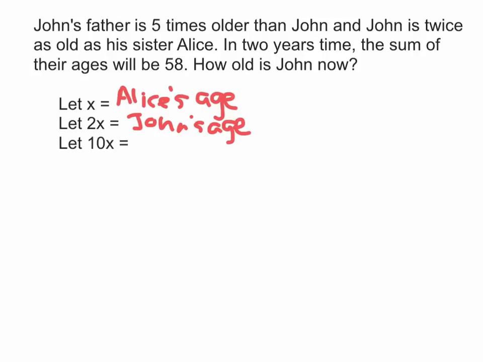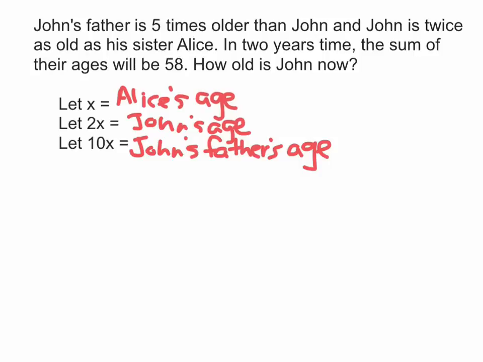So we have to take 2x and we have to multiply that by 5. That gives us 10x. So John's father's age is 10x.